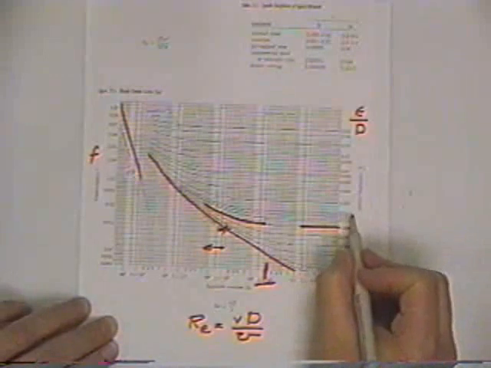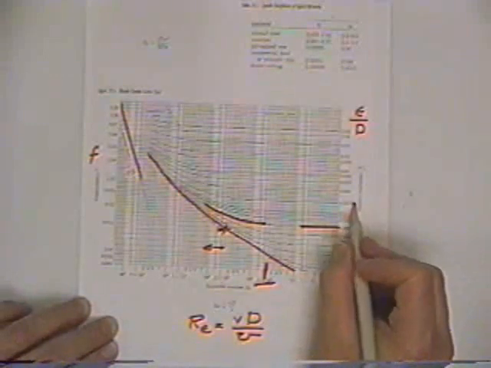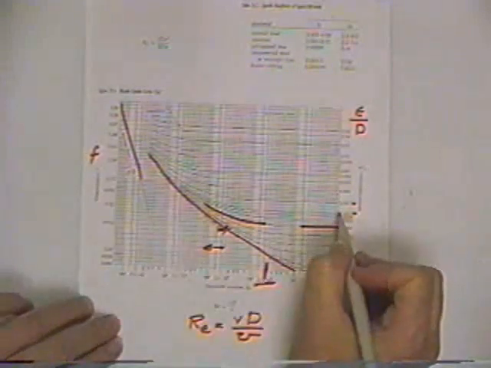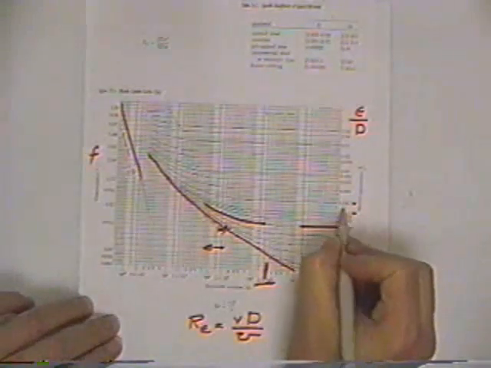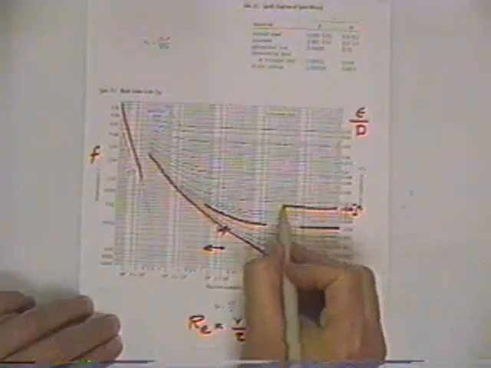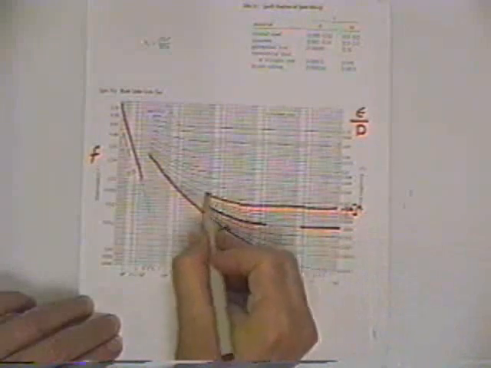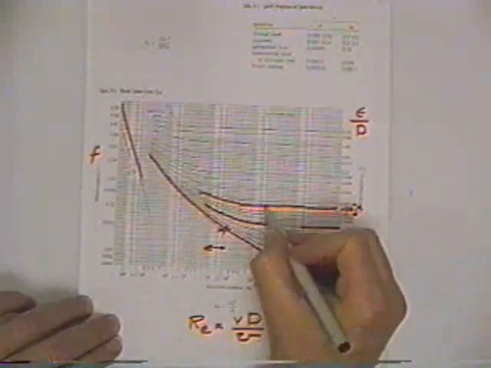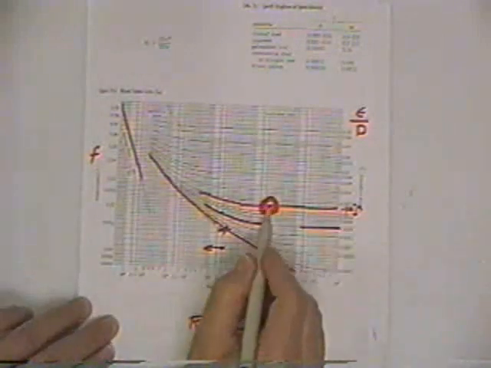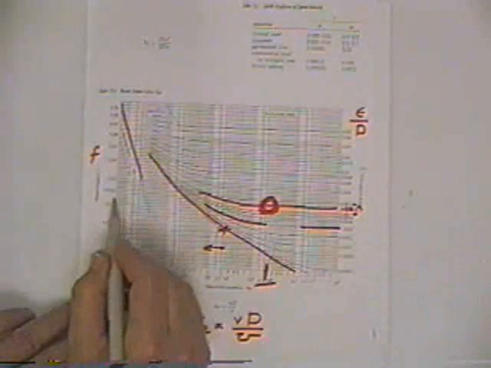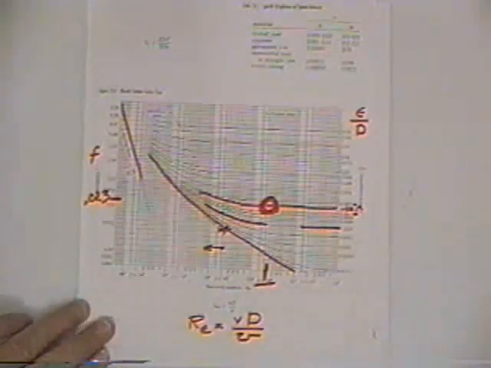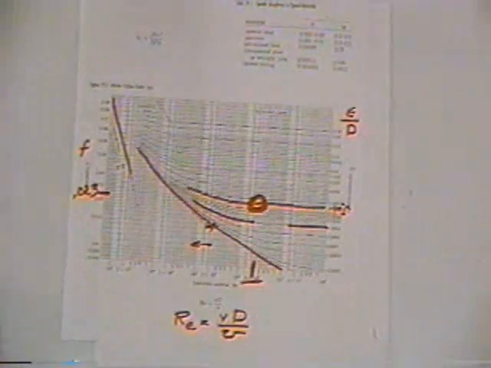So there's a .001 and there's a .002, so it's got to be in there someplace. And so you've got to sort of eyeball, do a little interpolation. I'm looking for .0017, so it's got to be between those two someplace, so it's going to be in there like so. I've got the Reynolds number, and it's going to project up, so we're right in there someplace. And so having found that point, we read across to right over here, and we get a friction factor of .023. So the Moody diagram served its purpose.